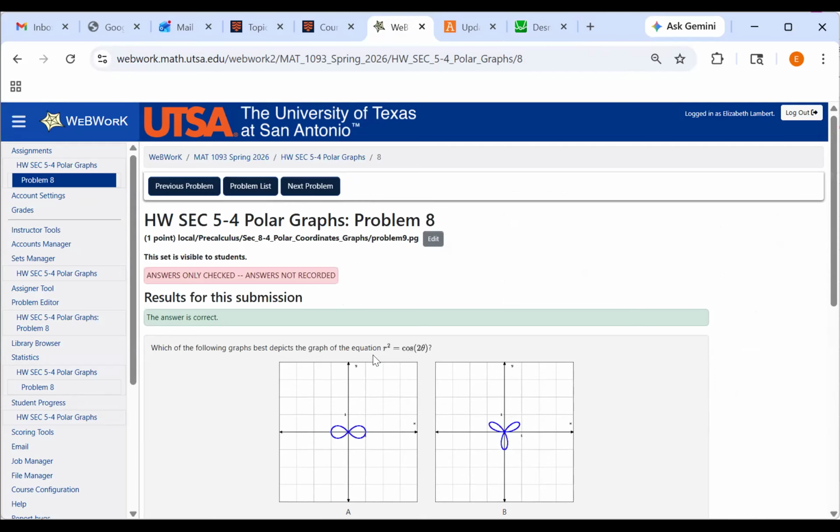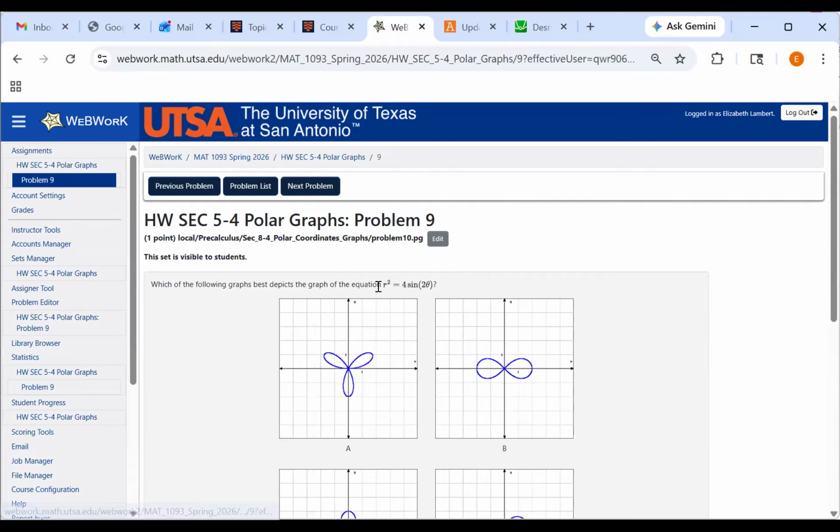So this is one of the few equations that you can't type directly. You've got to get it in an r equals format, but Desmos can still handle graphing it. Again, we've got to get it r equals. We've got 4 sine 2 theta.